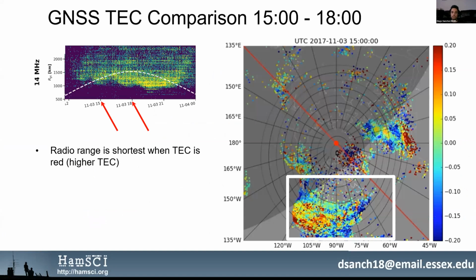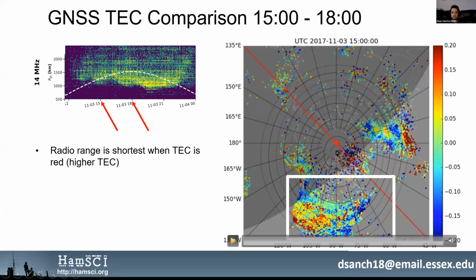Now, we took this and compared it to the GNSS TEC data. The shorter range that we see in the ham radio data would correlate to more total electron content, therefore refraction would increase, and we would see that here.